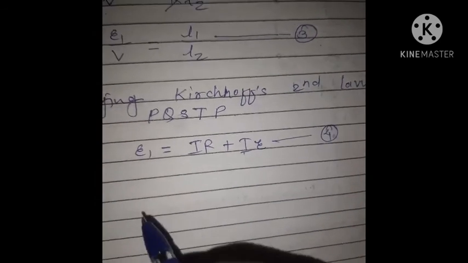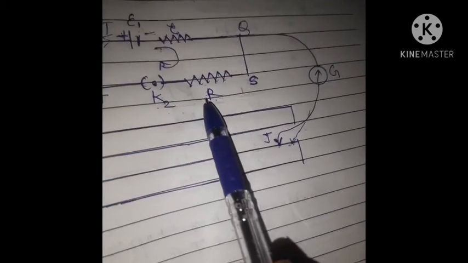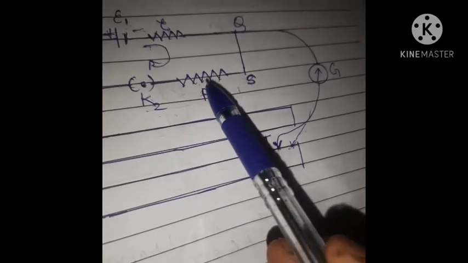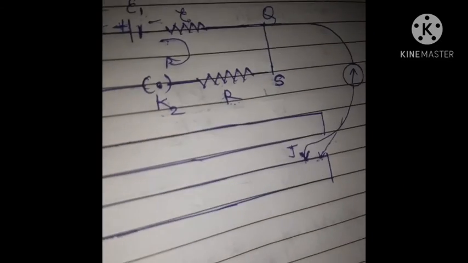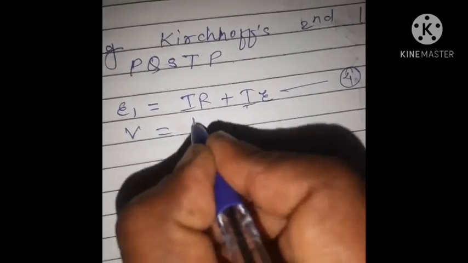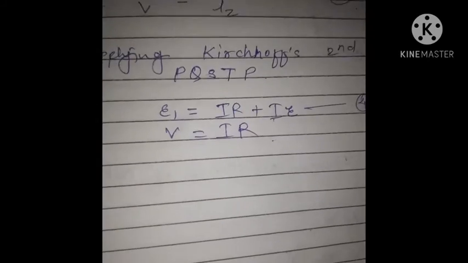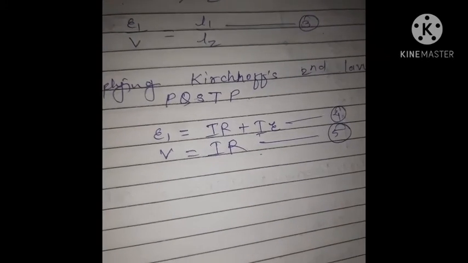The voltage across this resistance is V is equal to I into capital R. So we can write potential V is equal to I into R. Suppose equation number 5.